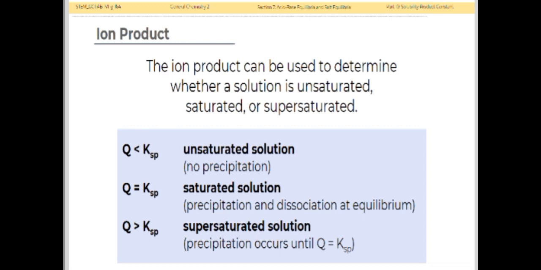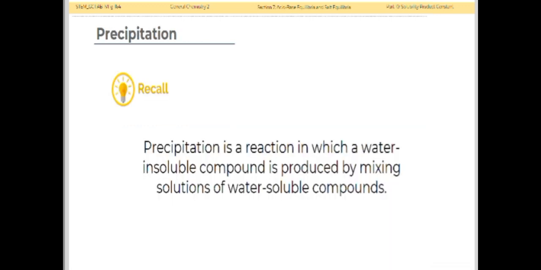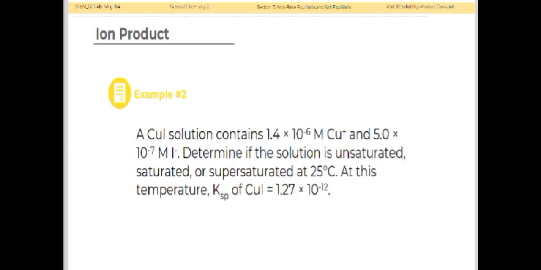When Q is greater than the constant Ksp, a supersaturated solution is formed, and precipitation occurs until Q becomes equal to the constant Ksp. Recall that precipitation is a reaction in which a water-insoluble compound is produced by mixing solutions of water-soluble compounds.